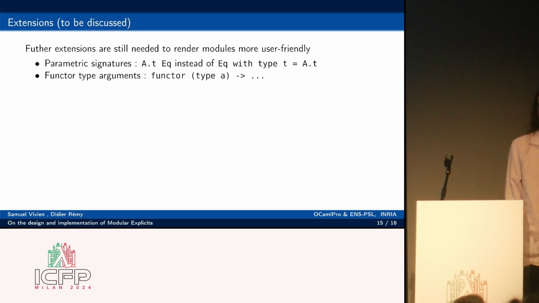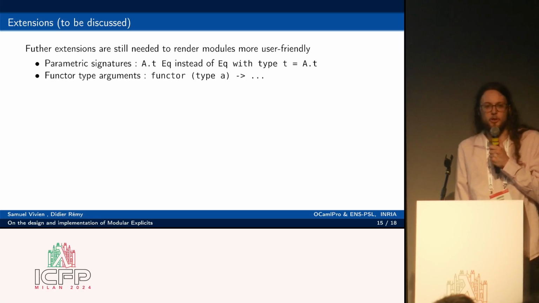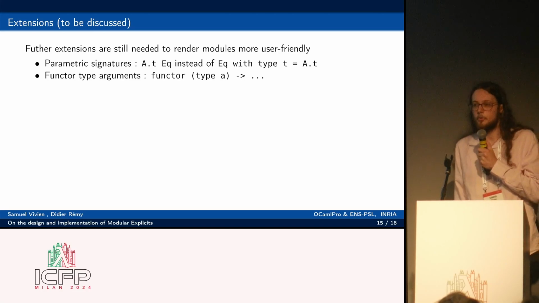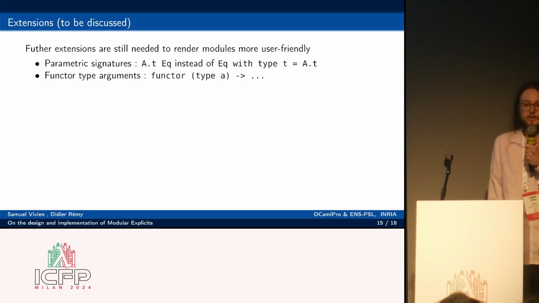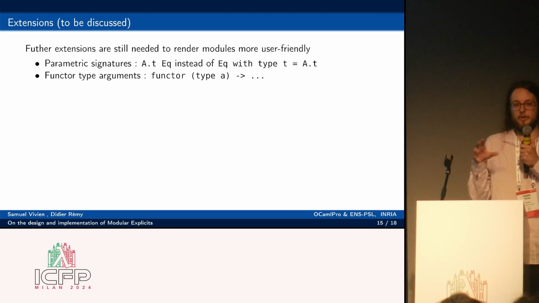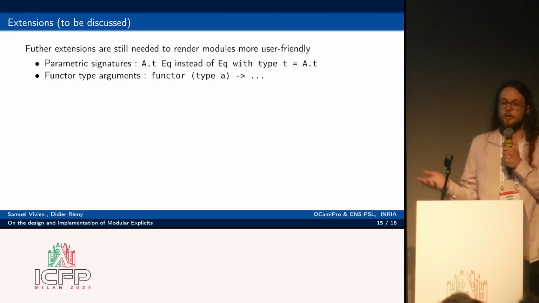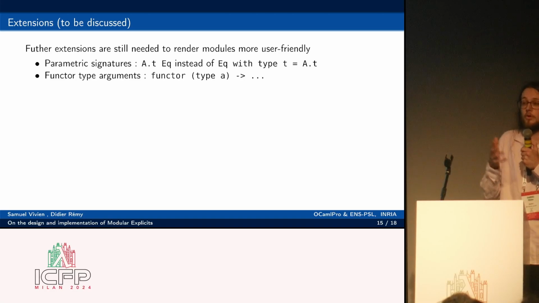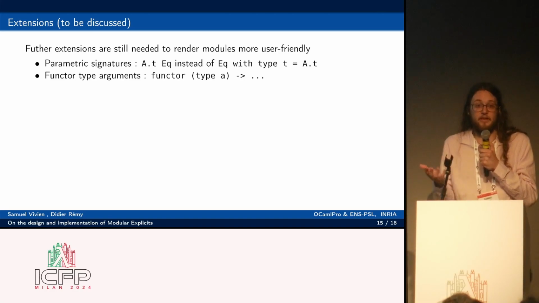Another feature in the same direction will be to be able to give types directly as arguments to functors. There are some libraries nowadays that give types to a functor, but you always need to wrap it inside a module. An example of this is OCamlgraph, which sometimes has functors that don't do any restriction of the type they need.